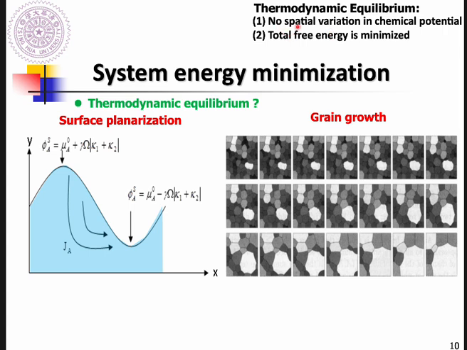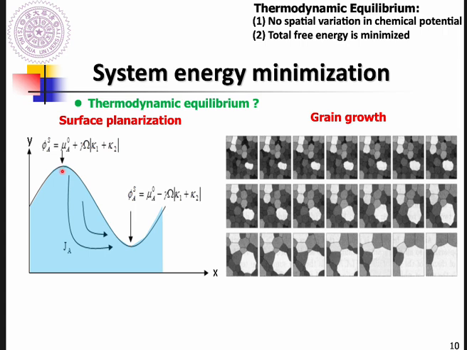The first is no spatial variation in chemical potential. So in this case, are there any spatial variations in chemical potential? We need to assume there are atoms at the convex region here.